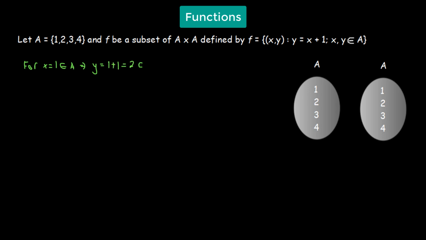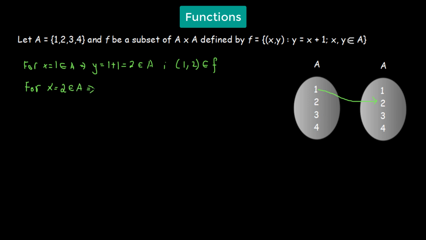And we see that the element 2 belongs to our first set A. So that means we have a valid ordered pair, and that is going to belong to the set F. So we see that the element 1 from the first set A is uniquely mapped to the element 2 in the second set A. Now we go to the second element in our first set A. So for x equals 2, we have this element belonging to our first set A.